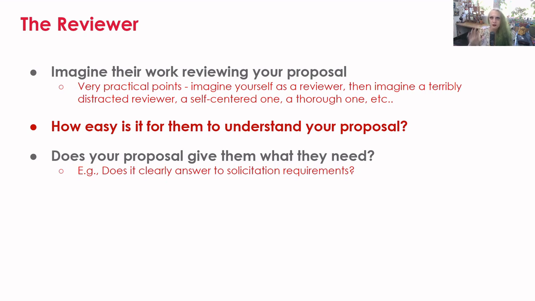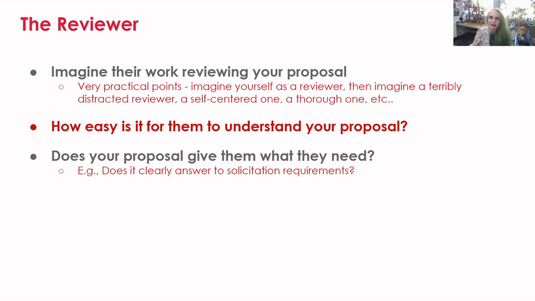It's important to think of the reviewer as someone that is almost employed by the sponsor to do a job, even though they typically don't have that contract. So they will have guidelines that the sponsor is giving them to look at your proposal. It's important that you can anticipate that and make sure that you're checking all the boxes.